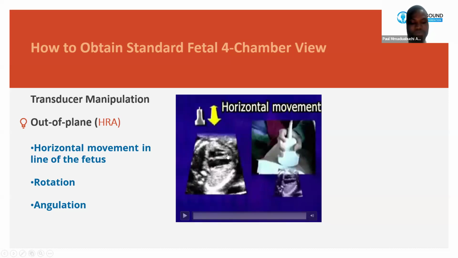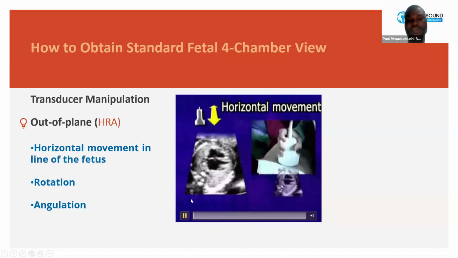Alternatively, when you rotate the probe slightly from the apical view, you'll be able to open up the left ventricular outflow tract. The angulation of the beam can also be used to sweep the beam up and down the thorax to avoid any rib shadow.